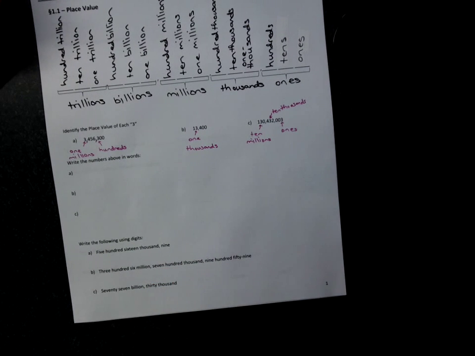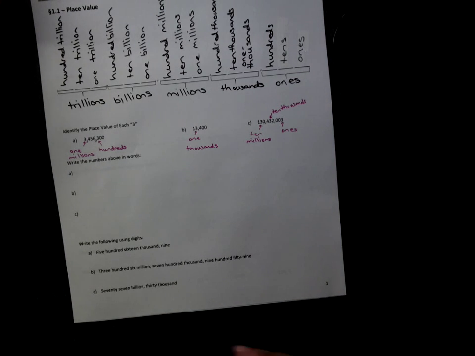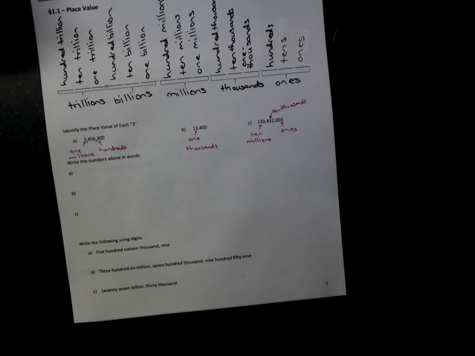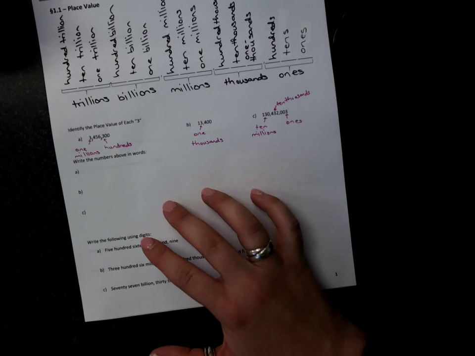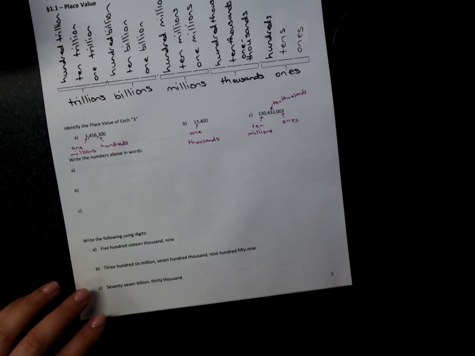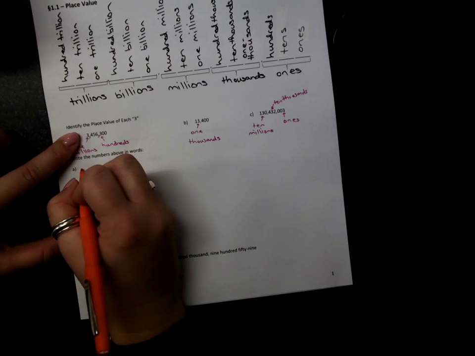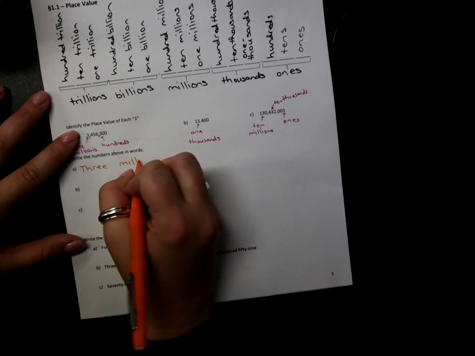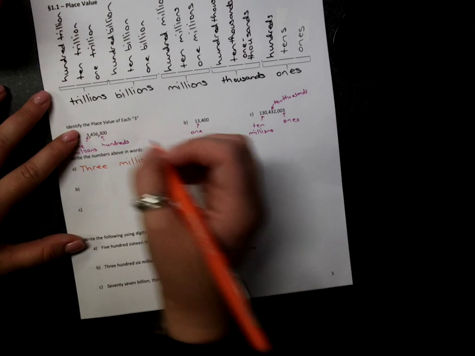The next part of this section is about actually writing numbers using words, which we don't have to do as much anymore. When we wrote checks back in the day, you had to do this more. We don't see this quite as much, but let's just practice writing these numbers that we've just identified place values with words. So this first value is 3 million, and we'll put a comma the same place we see a comma here.